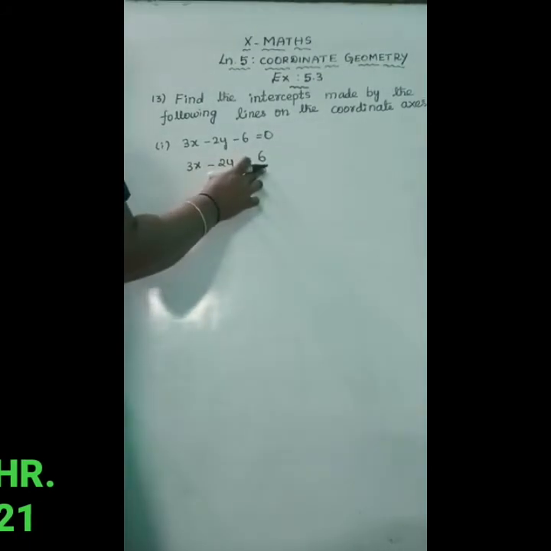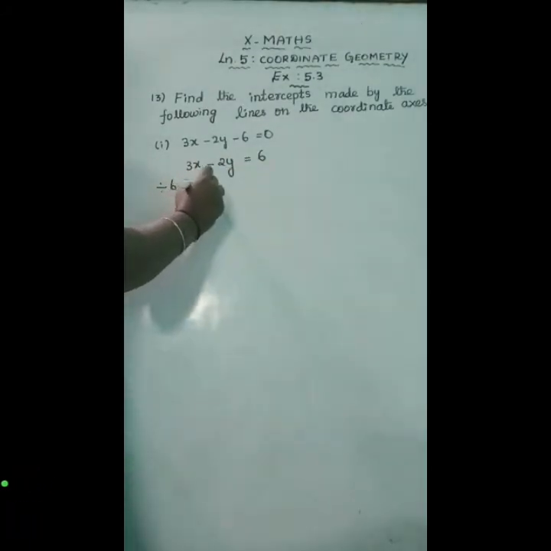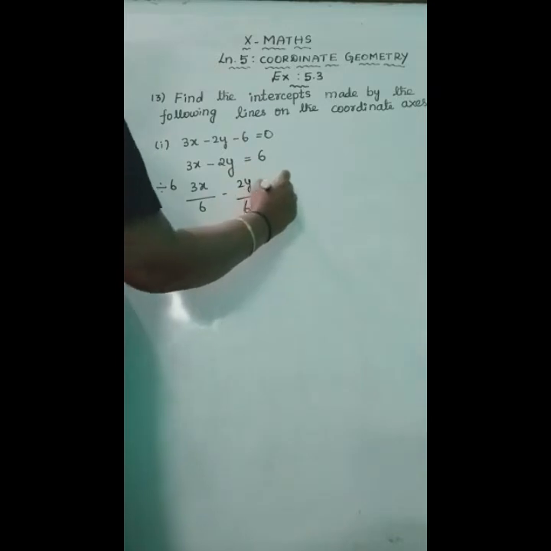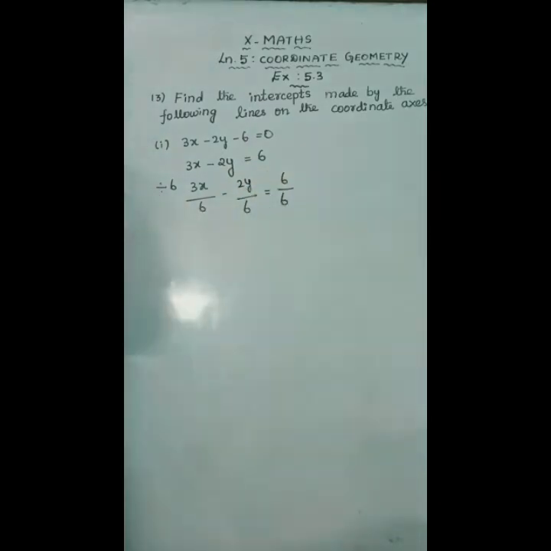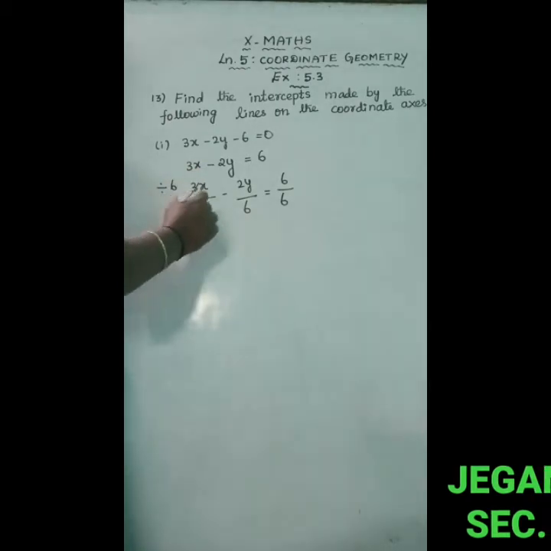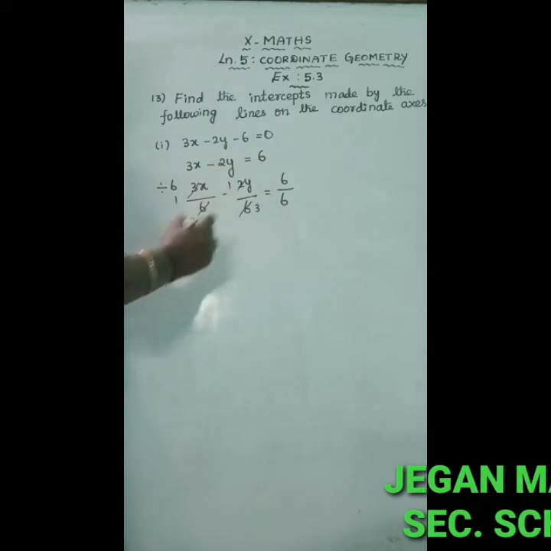So here on the right hand side we have 6. So divide by 6 on both sides. Then 3x divided by 6 minus 2y divided by 6 is equal to 6 divided by 6. So here simplify using the 3 table. 1 3s are 3, 2 3s are 6, 1 2s are 2, 3 2s are 6.